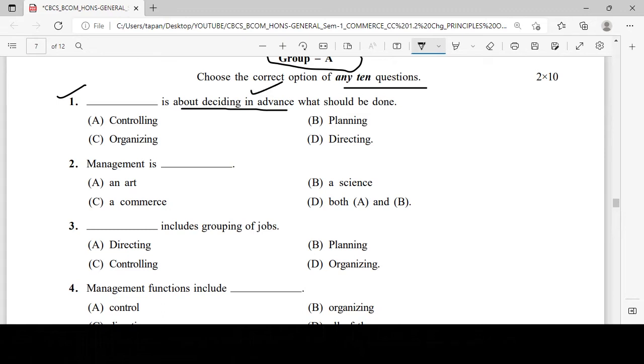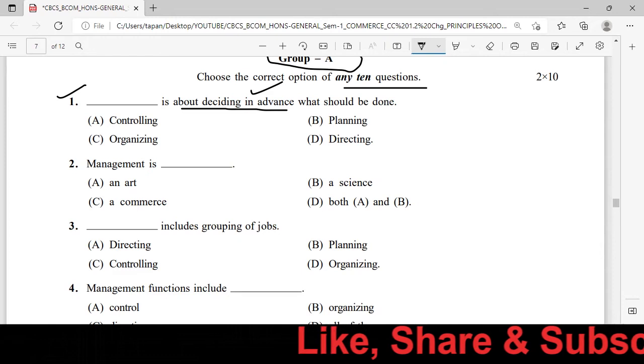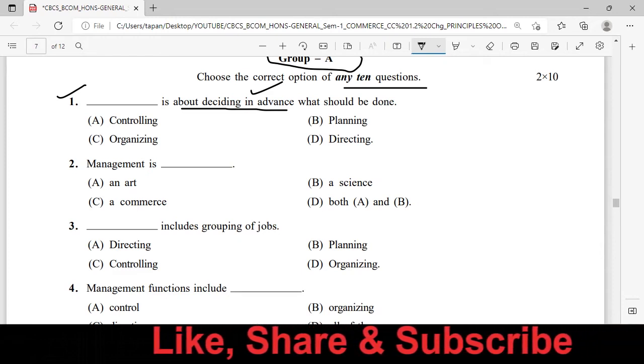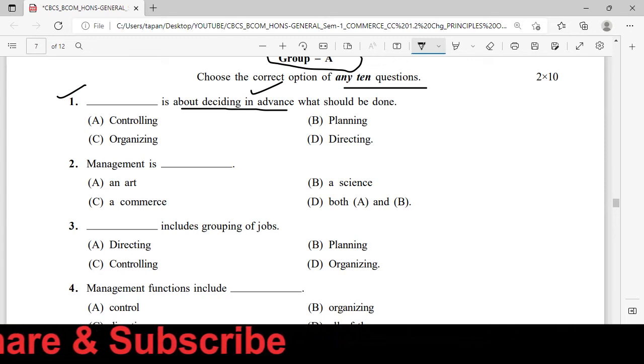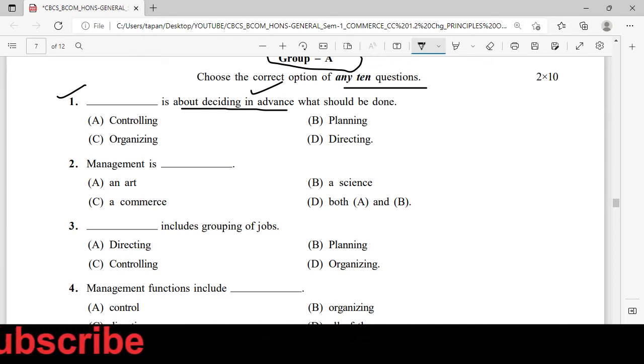That means planning. Deciding in advance what you are going to do. At first you have to think of the matter, that is planning. Suppose you are going on a tour, then before departure you have to make a good plan.